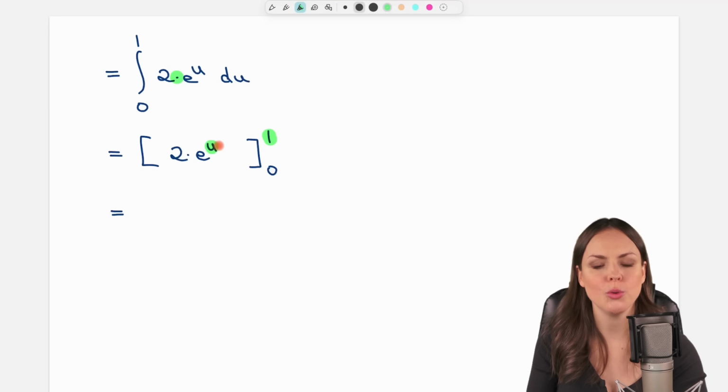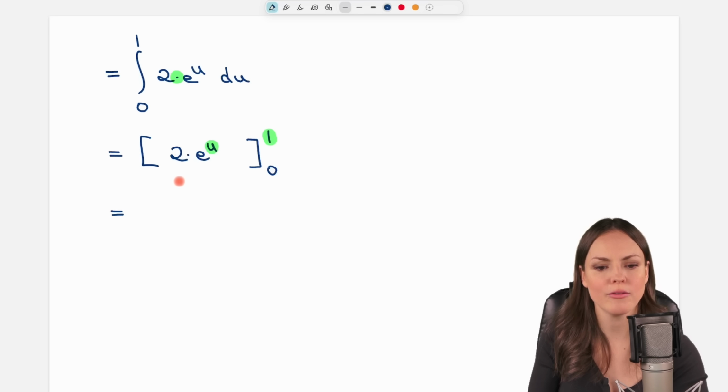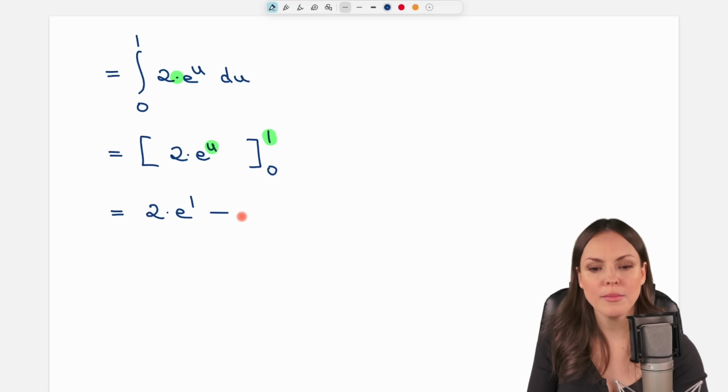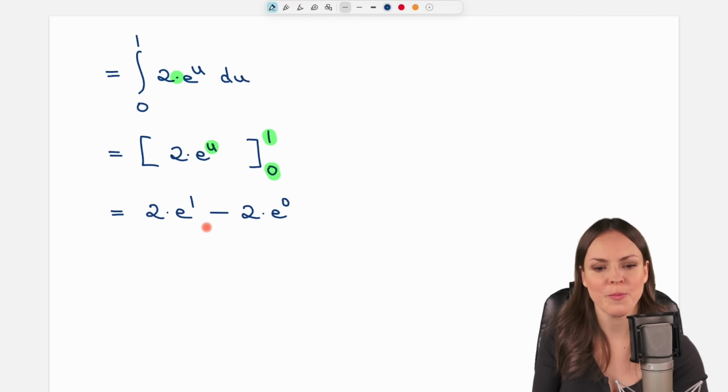For every u that you can find in here, we're going to insert 1. So we have 2 times e to the power of 1. Then always a minus, and then the same thing with this limit here. So we have 2 times e to the power of, and instead of our u, we insert the 0.